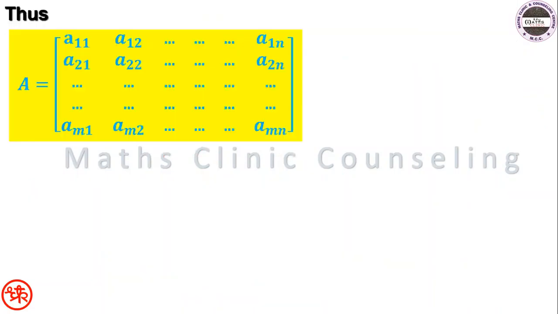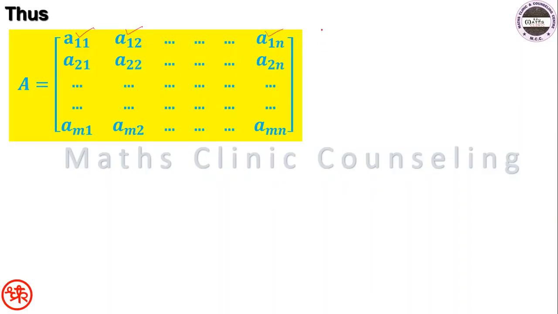Now thus the matrix, any matrix can be denoted by this. Now look at here. Here you just see A11, A12, A13. What is the position of A11?